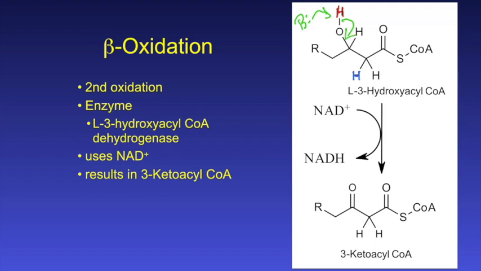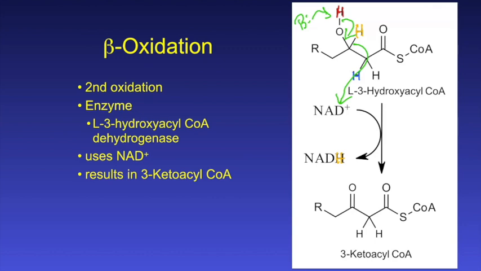And you wouldn't even have the hydrogen that's in blue. The yellow one would be the other option. And what actually happens is it goes there, and that would be yellow. And I have a keto-acyl-CoA.